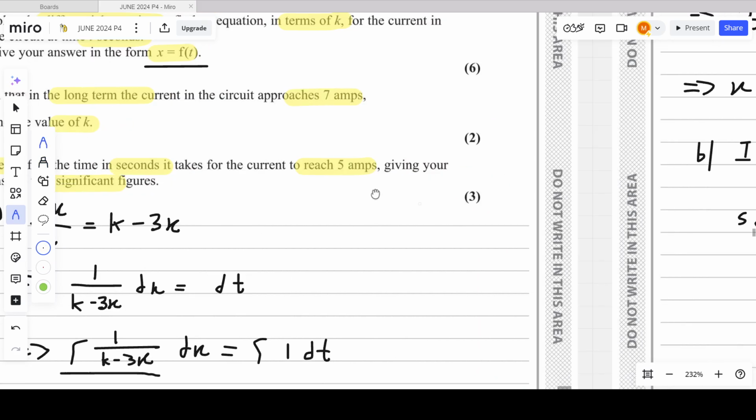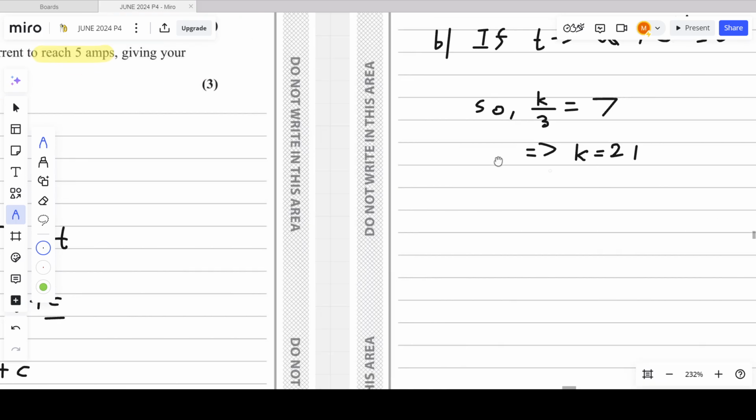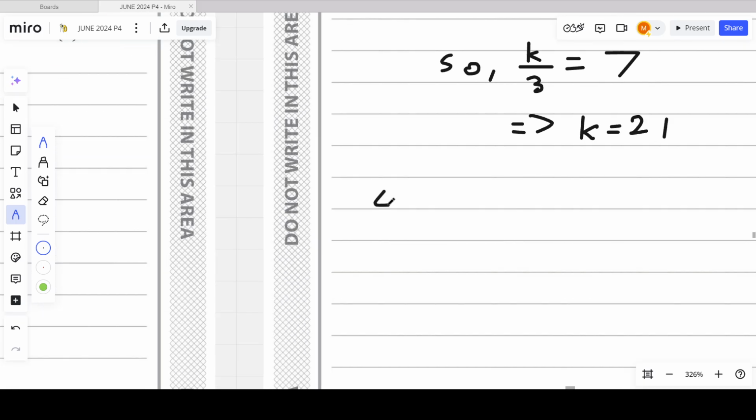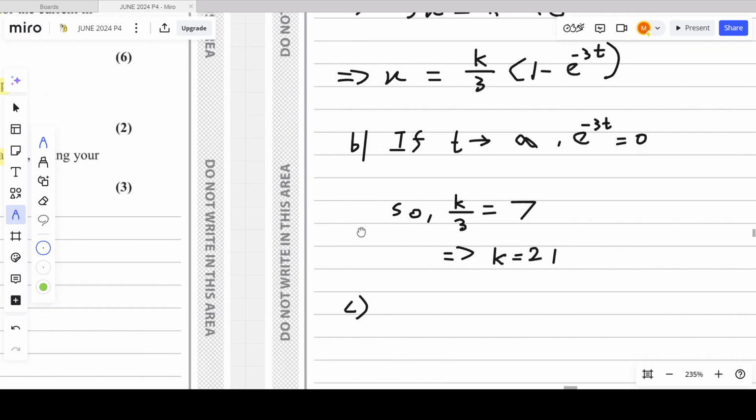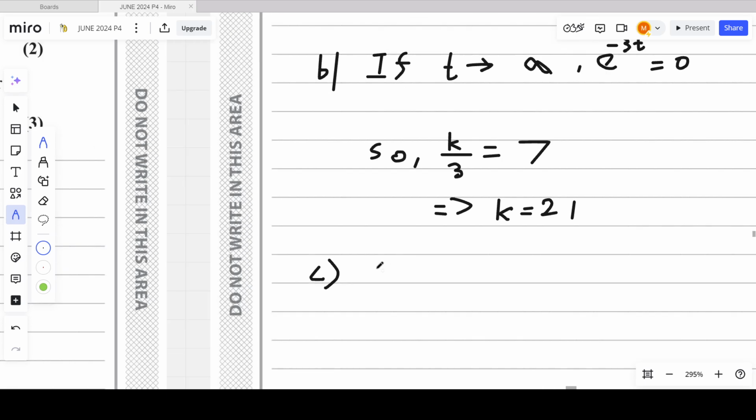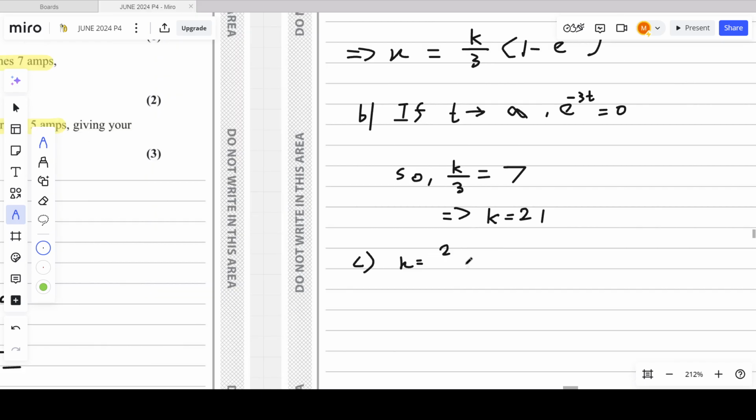We will just use the equation derived in part A, and the value of k. So x equals 21 over 3, basically 7, times 1 minus e to the power -3t. This is the equation.